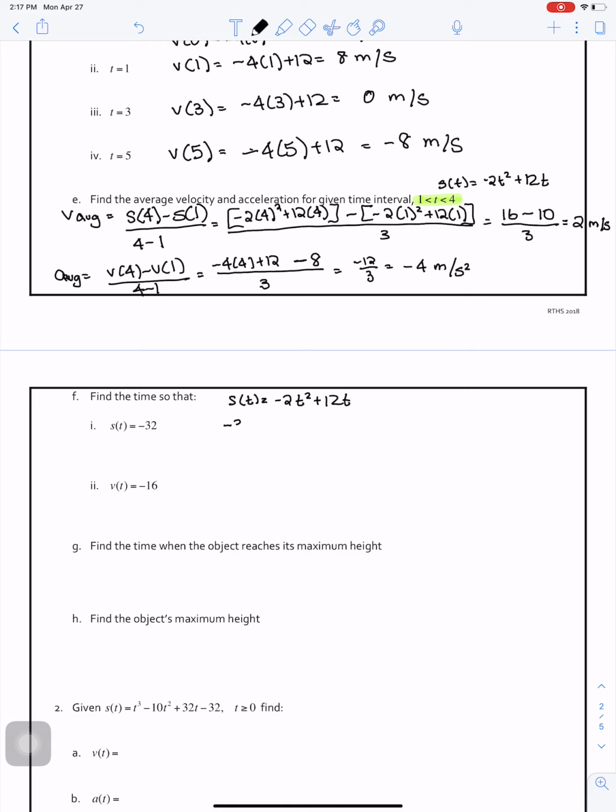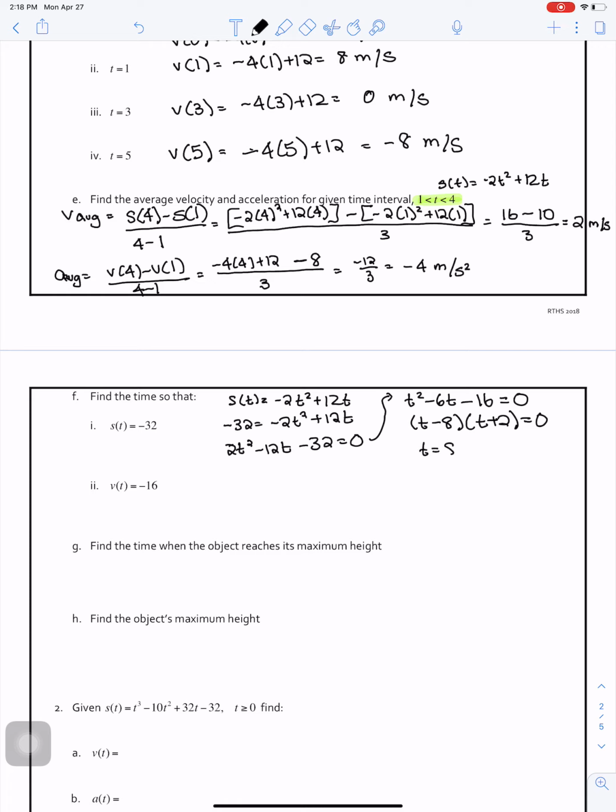I want to make my position equal to -32, and I want to figure out what time gives me that. So I'm going to move everything over so my leading coefficient is positive, which means I'm moving everything to the left. I'm going to divide everything by 2. t squared minus 6t minus 16 equals 0. 8 times 2 is 16, so t minus 8, t plus 2 is my factored form for that quadratic.